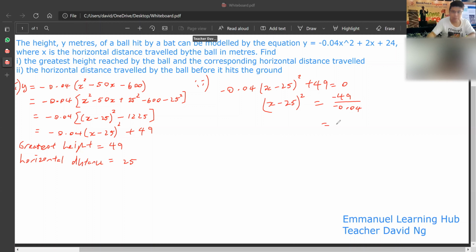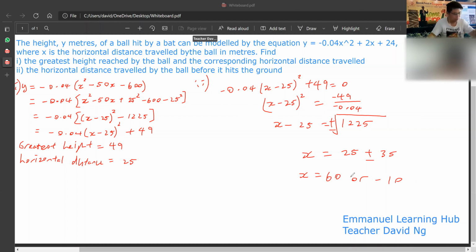One, two, two, five. Okay, 35. Okay, 60 or negative 10.